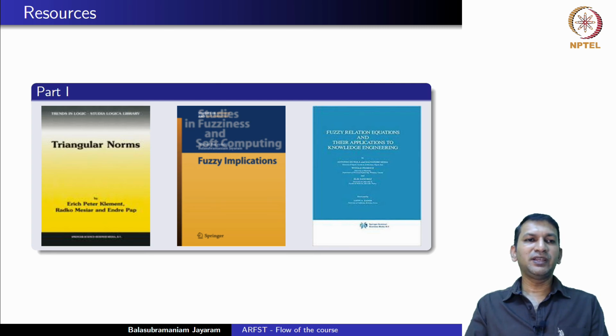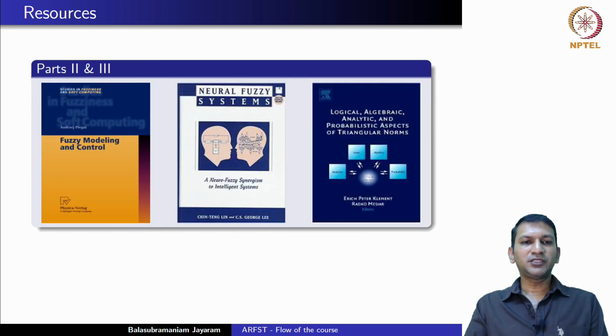In part 1 of this course, where we discuss fuzzy set theory connectives, especially conjunctions, triangular norms, fuzzy implications and fuzzy relations, these are 3 excellent resources for you to dip into. And when it comes to parts 2 and 3 of this course, where we discuss fuzzy inference mechanisms, their desirable properties and the computational complexity aspects, these are 3 good sources to read through. Of course, these are not non-overlapping. Some of these resources also address concepts which we may have covered in parts 1 and 0 of this course.